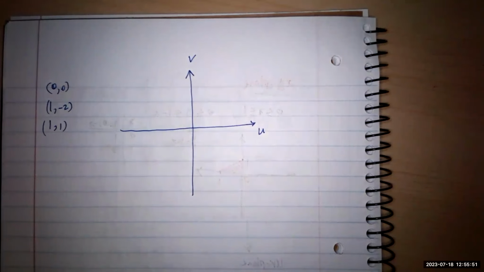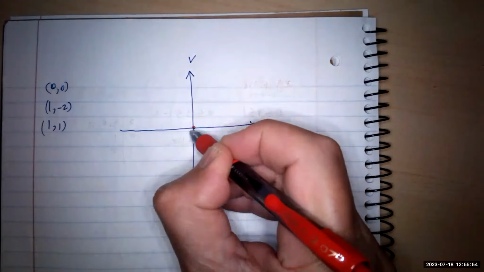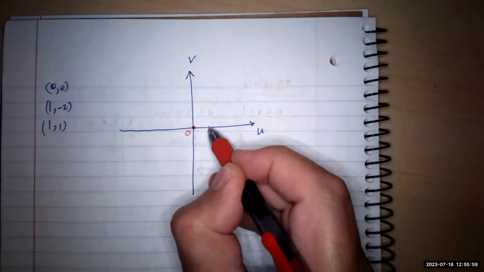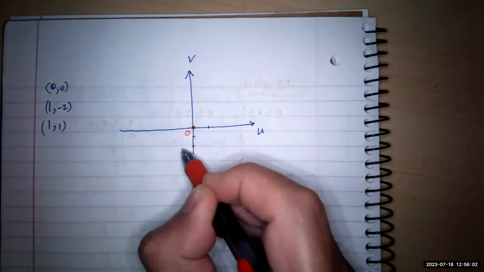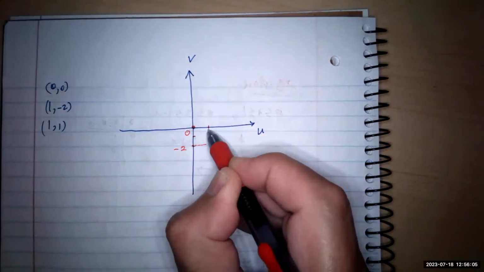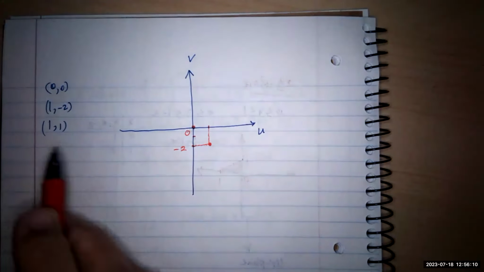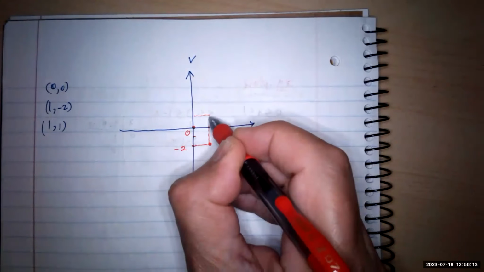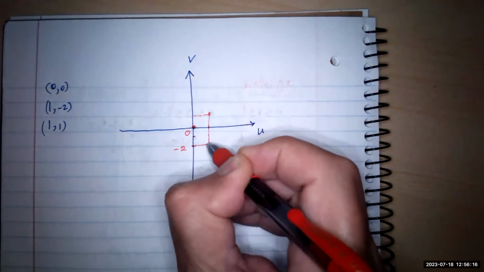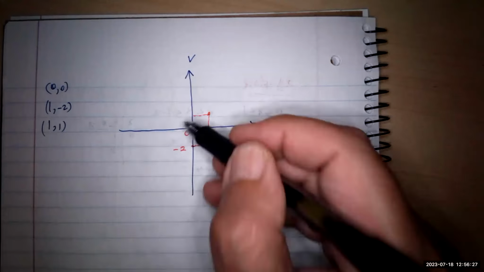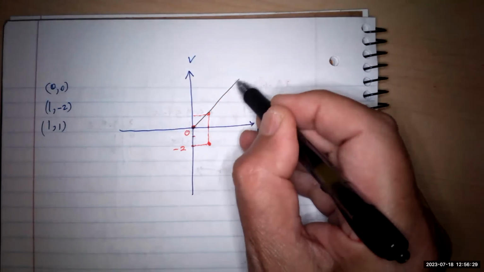Locate this point here, (0, 0). Then (1, -2), which gives me another point. Then I have (1, 1), another point. These are going to be the vertices of the triangle over here. So if I want to get the image of this transformation, this is it. I'm going to have this one. Look at this.